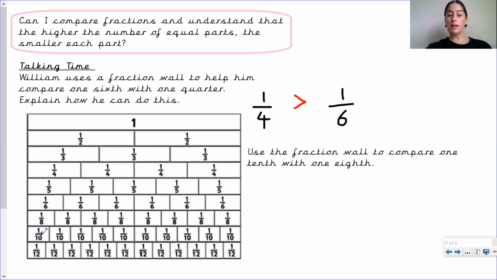Well, 10 I know is a bigger number, but it's my denominator, so it means my whole has been divided into 10 equal parts rather than 8 equal parts. If it's only divided into 8 equal parts, the parts are going to be larger than if it's divided into 10 equal parts. So let's compare 1/8 to 1/10.